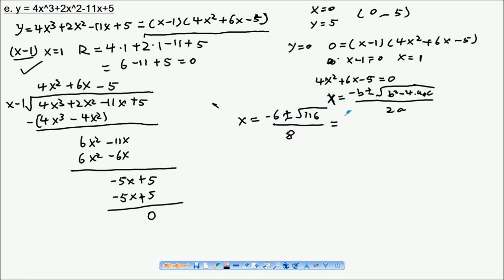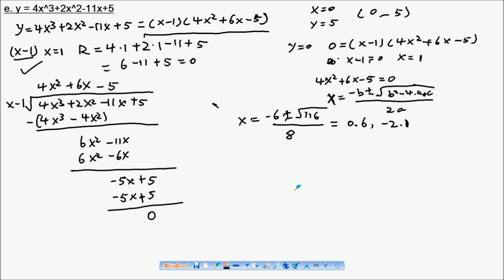So our x is 0.6 or minus 2.1. If we solve it, we will have 0.6 and minus 2.1.